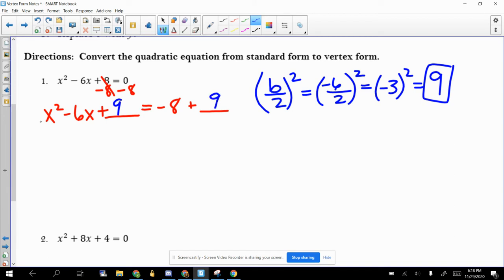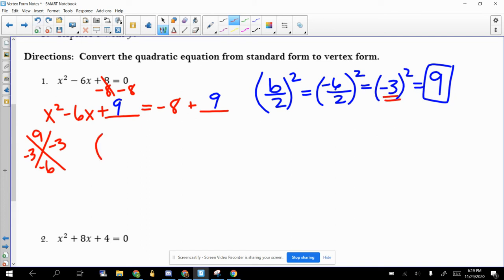Then, just like before, we're going to factor this left-hand side. So when I do that, we're trying to think of two numbers that multiply to give you 9, that add to give you negative 6. And those are negative 3 and negative 3. Keeping in mind that we've seen that number here. Okay.